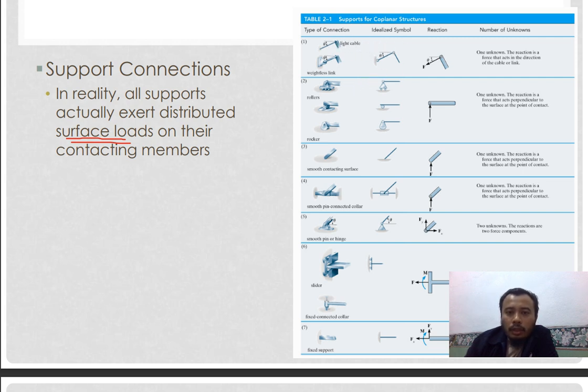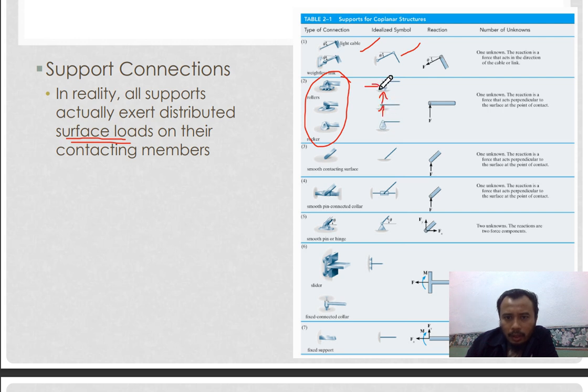So these are all the types of connections. A light cable will be a joint. I think it's a pin, and then rollers. You have three types. These can be considered rollers, where you have only a vertical reaction.